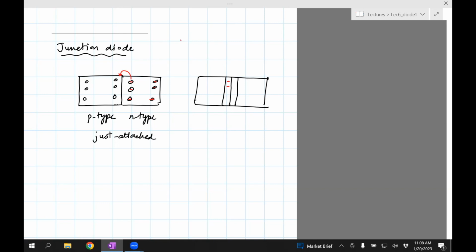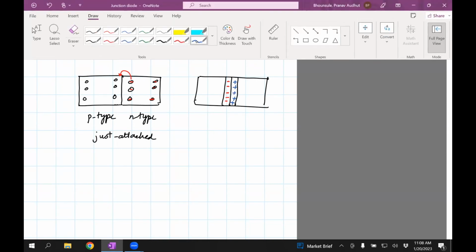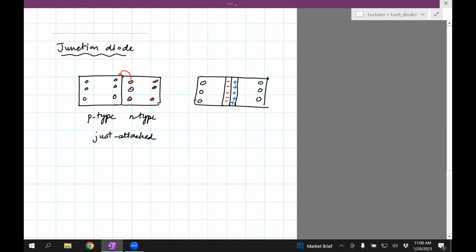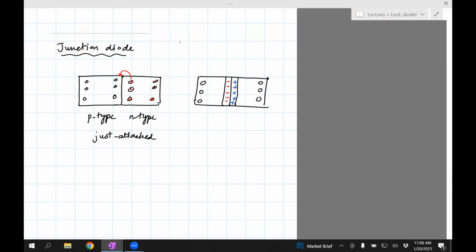So we'll have some negative charge here. There'll be some positive charge here because the electrons have left, and so they create holes. And then this is our usual p-type and n-type with some electrons.